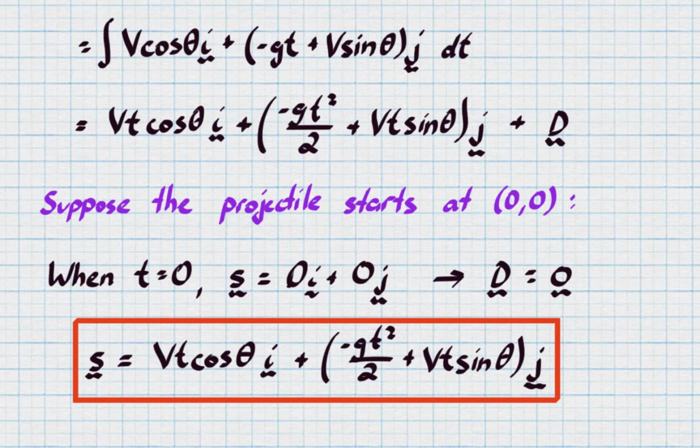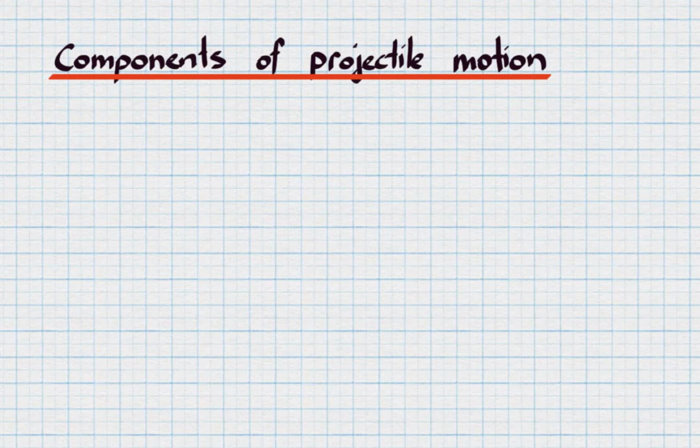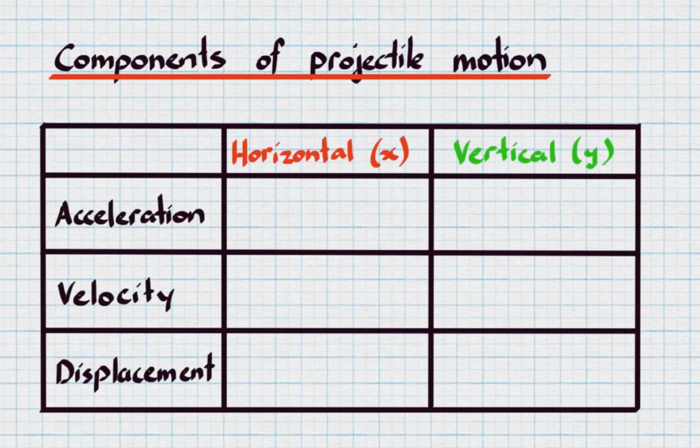Now is probably a good time to take stock of what we've learnt so far and break it down into the horizontal and vertical components of motion. A table is a really good way to organize this information. If we first start by considering the horizontal column, we know that acceleration is 0.